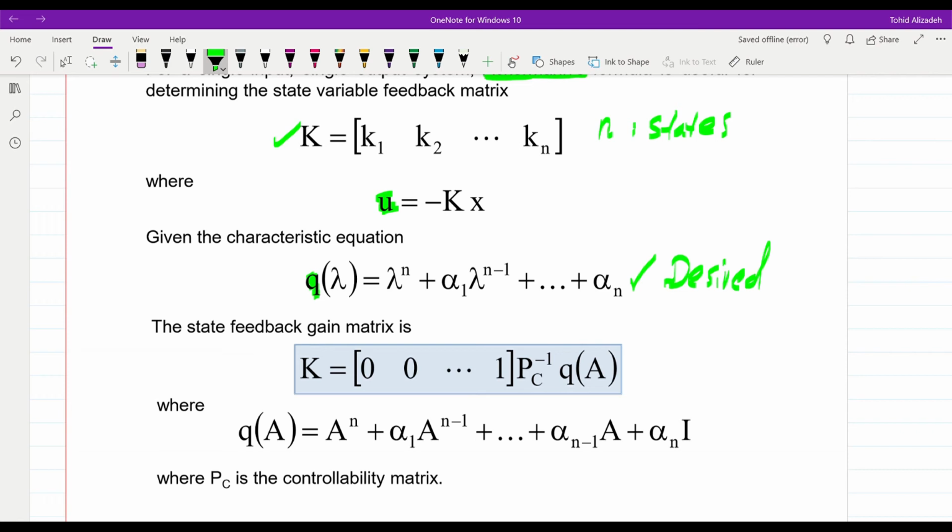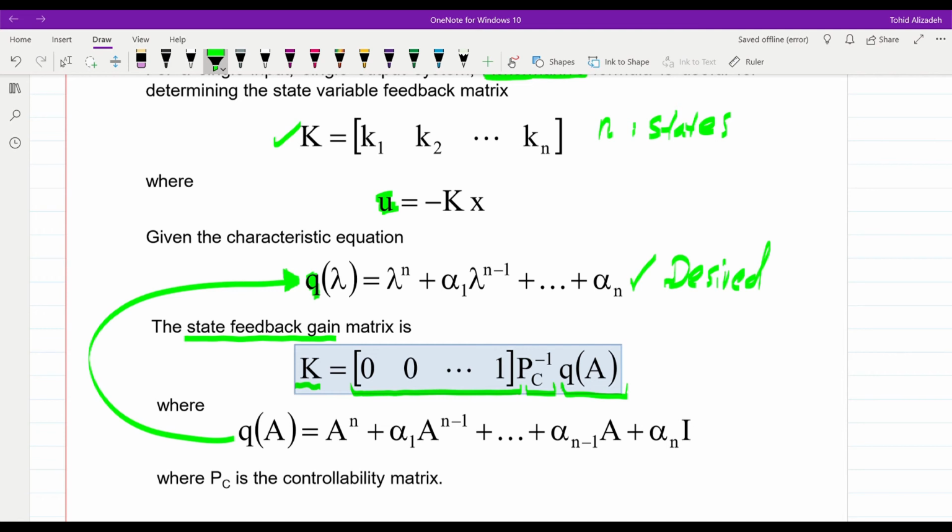Once we have it, we can find the state feedback gain K in this form: a vector of zeros with a 1 at the end, multiplied by the inverse of the controllability matrix, multiplied by Q of A. Q of A is formed in this way. We refer to the desired characteristic equation, Q of lambda, but instead of lambda we use the A matrix.